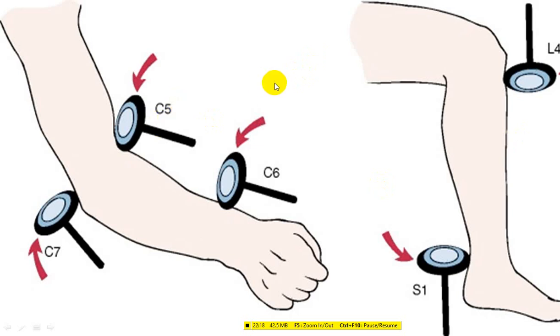In general, when you mention only one root value: biceps C5, supinator C6, triceps C7. But normally we mention 5-6 for biceps, 5-6 for supinator and 6-7 for triceps, while for knee jerk 2-3-4 and ankle S1, S2.